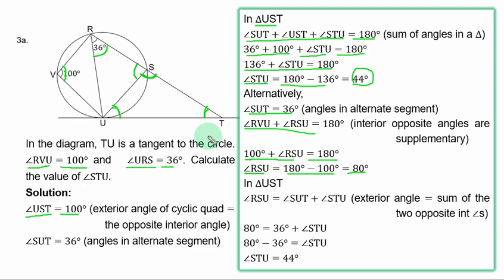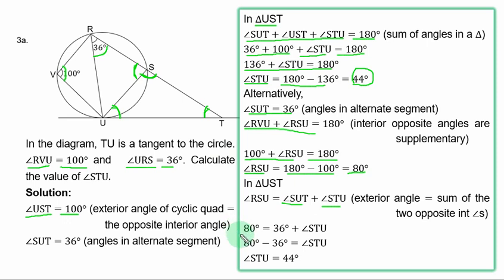Now you have it that angle RVU, that is this angle now, is equal to angle SUT plus angle STU, that is this and this. Exterior angle is equal to sum of the two opposite interior angles.